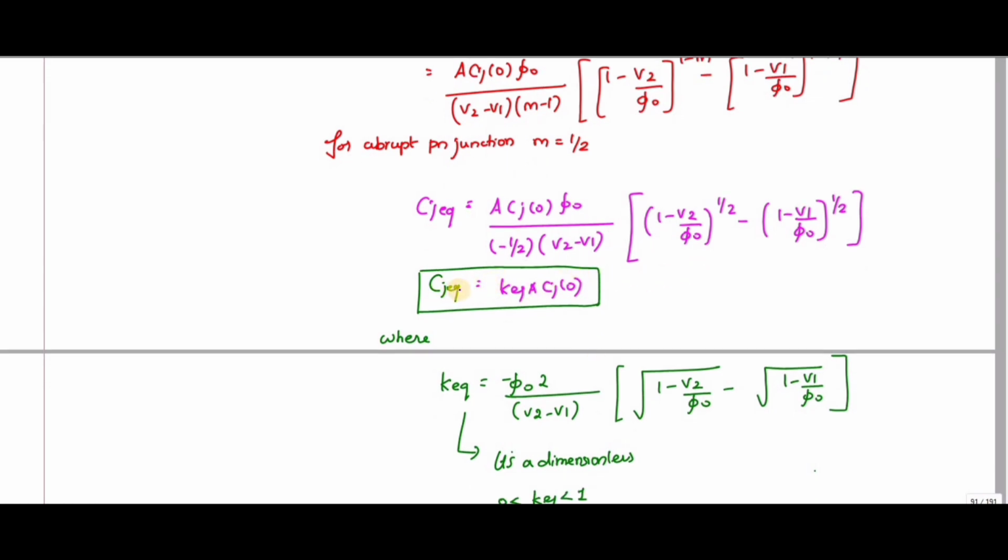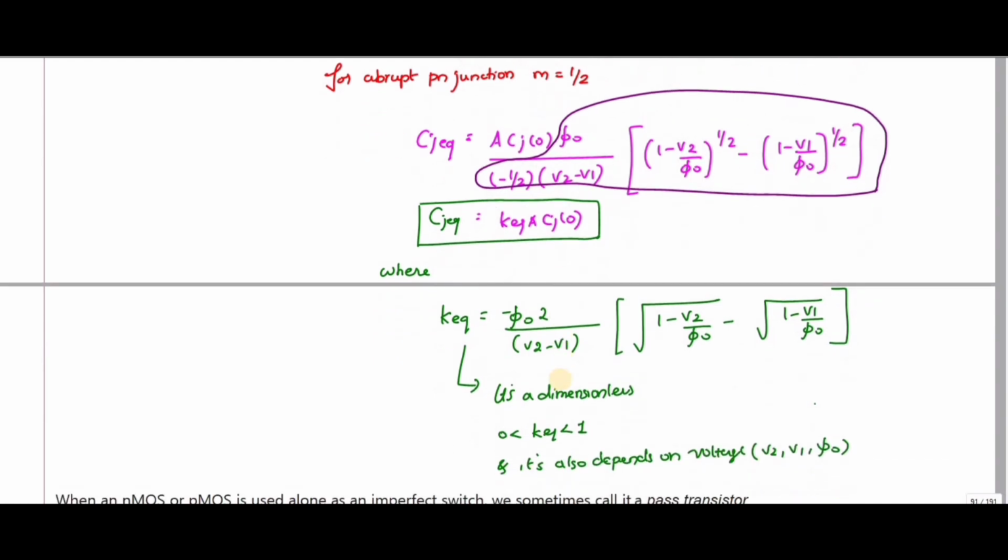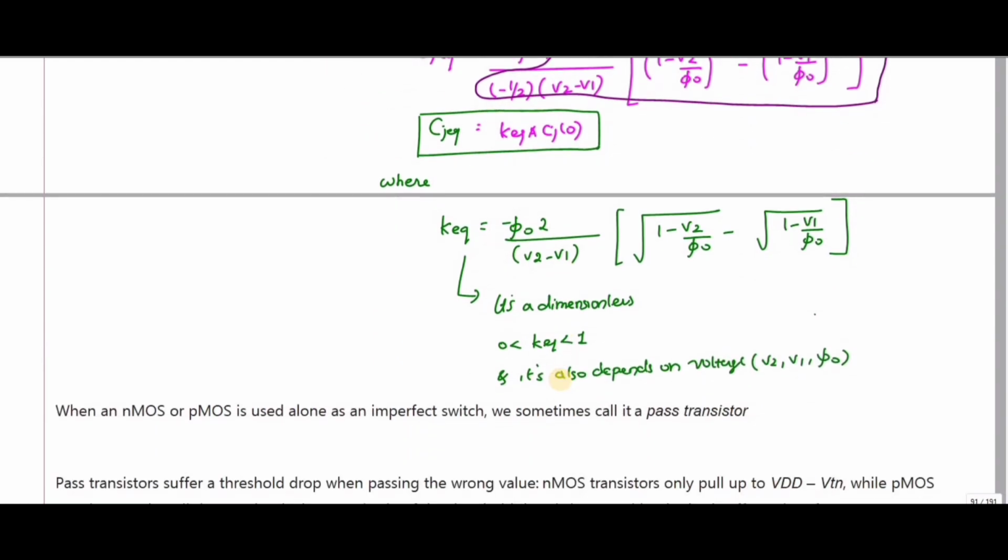We know that Cj equivalent is equal to K equivalent A Cj of 0, so this whole term represents the value of K equivalent. It is a dimensionless quantity and ranges from 0 to 1, and it also depends on the values of V2, V1 and phi naught.